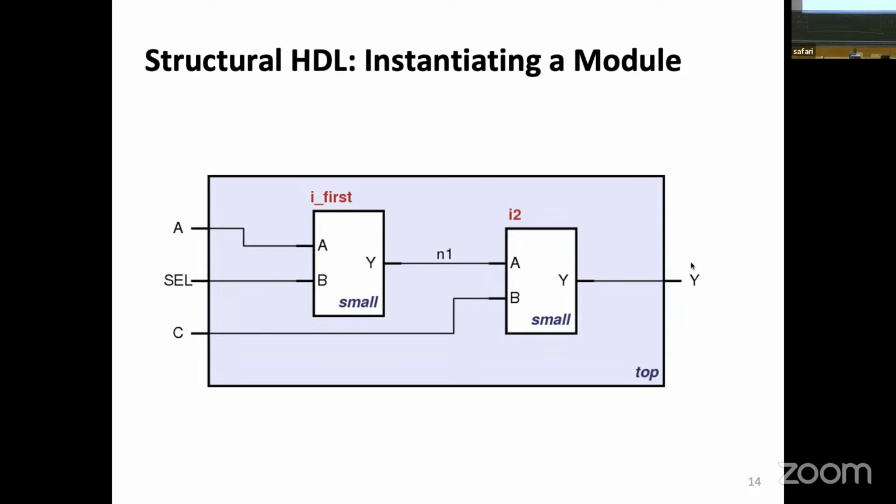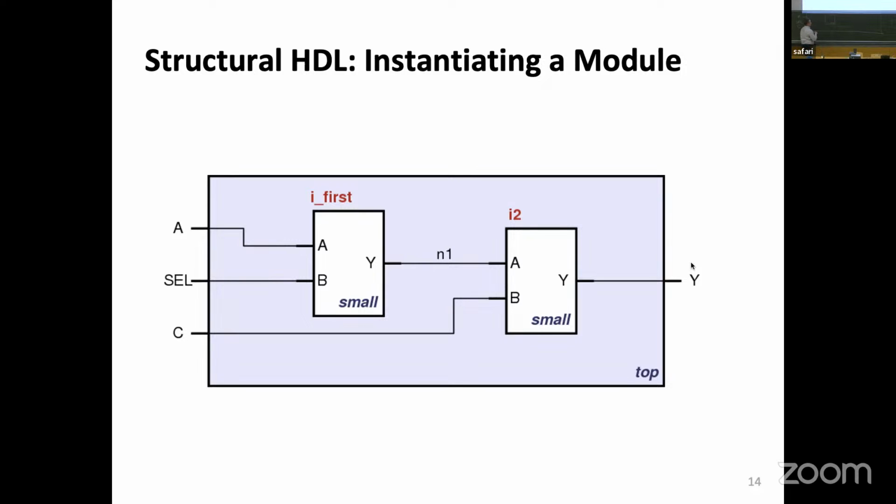Now, for this one, I actually know what is going inside. And what is going inside is actually another block. And this block is not the same as top. This one is a new block. I'll give it a different color. And it's tiny, so I'm calling it small.